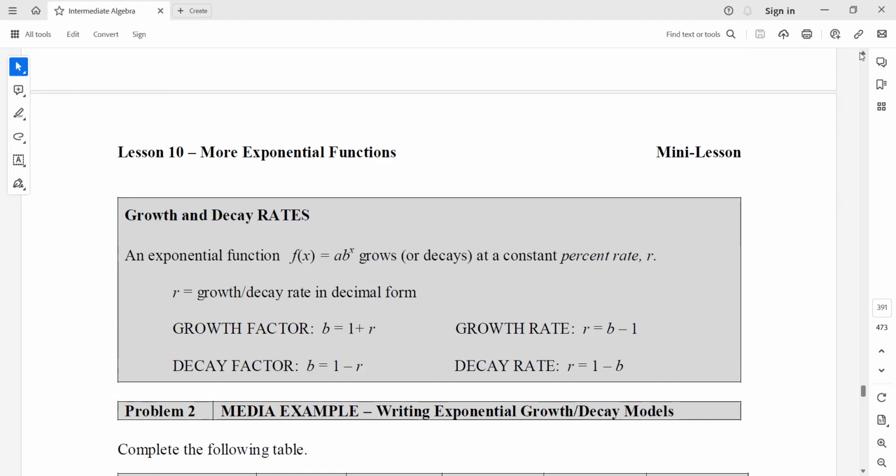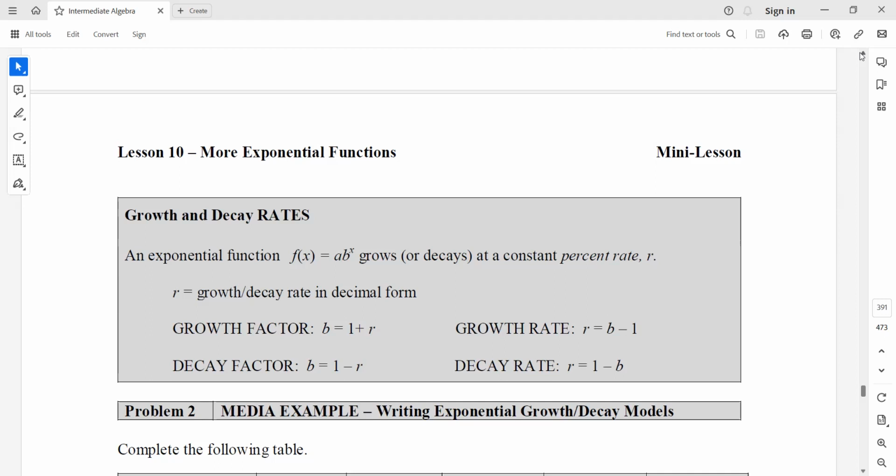And it grows or decays at a constant percent rate, r. So r is either the growth rate or the decay rate. Usually it should be in decimal form, but sometimes it's going to be in percent form, and then you have to change to decimal.